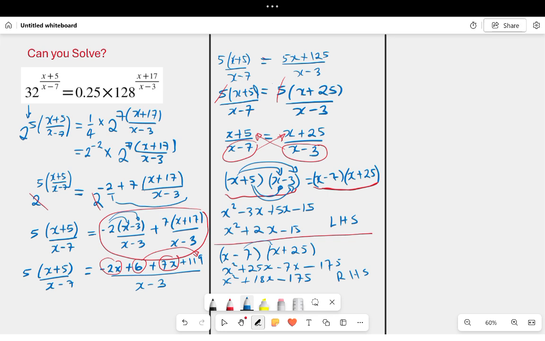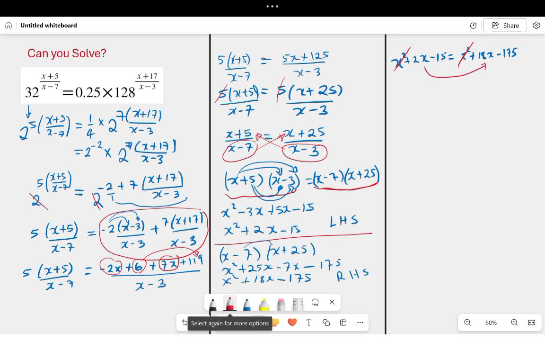Now, by equating, we are getting x squared plus 2x minus 15 is equal to x squared plus 18x minus 175. Now, the like terms together, obviously, we have x squared here and that x squared over there, they cancel out.